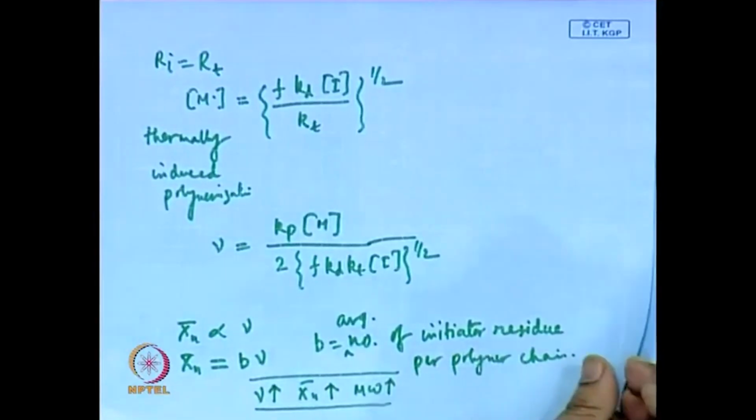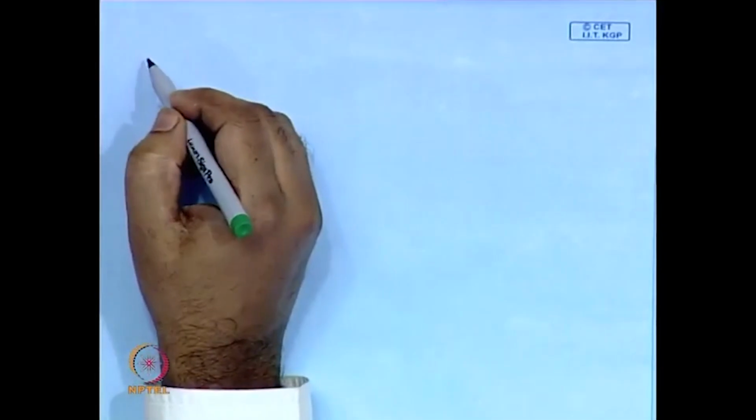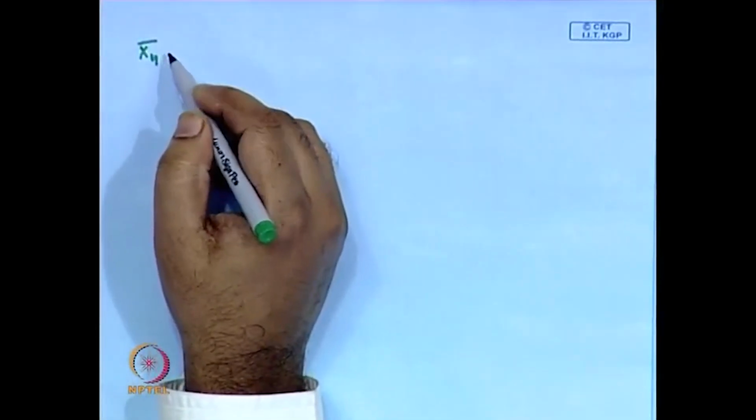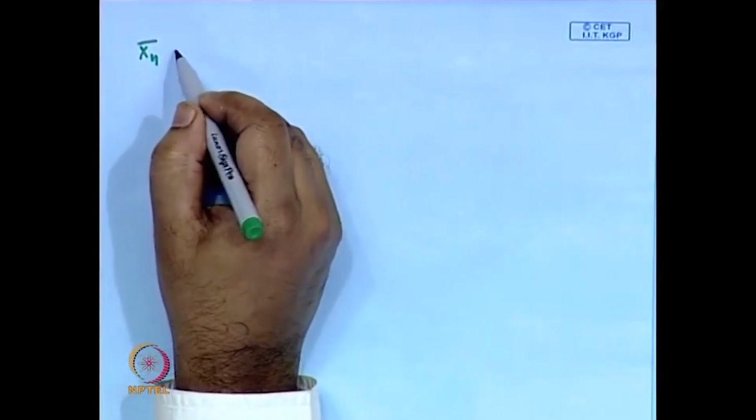Now, how is the molecular weight or the number average degree of polymerization related to nu?